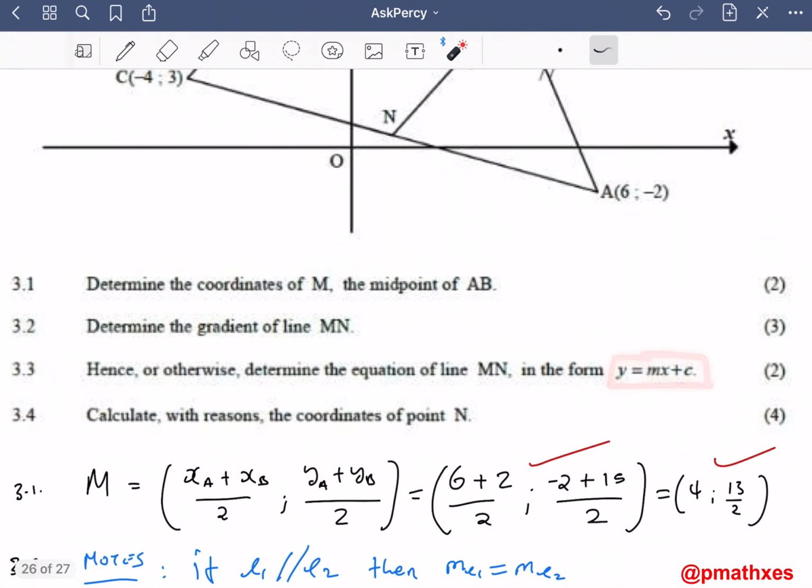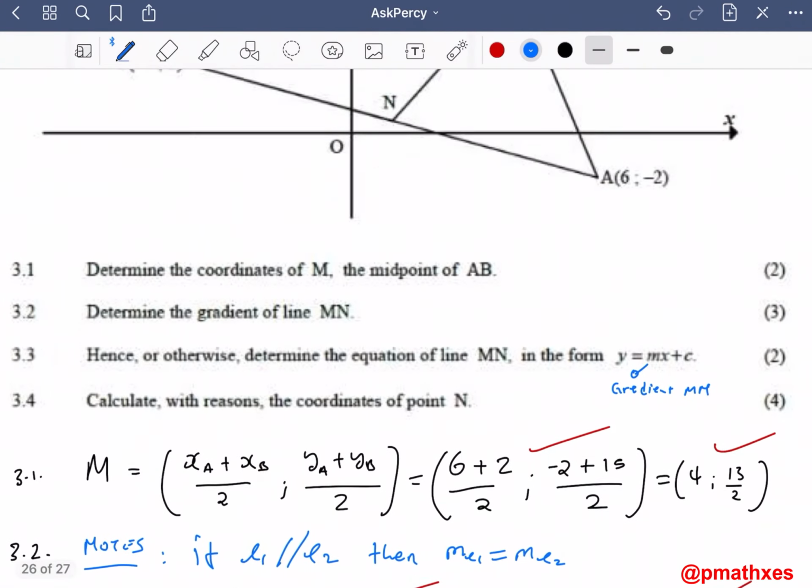Okay, so we know this form. This is the gradient. And that gradient is the gradient that you've just learned about here, because we're looking at the line MN. So this is the gradient of MN, and they've just calculated it as 2. So the gradient of MN is 2.